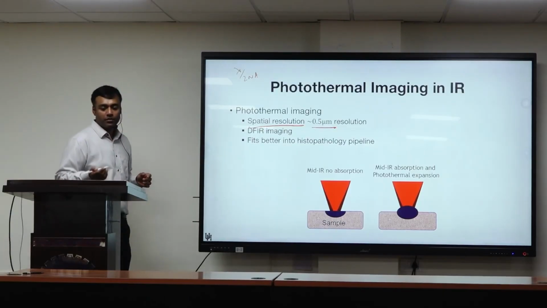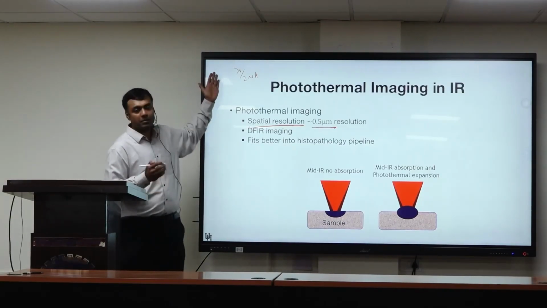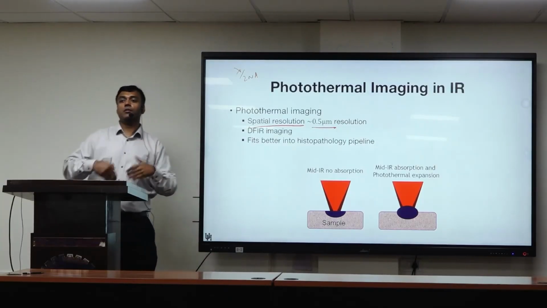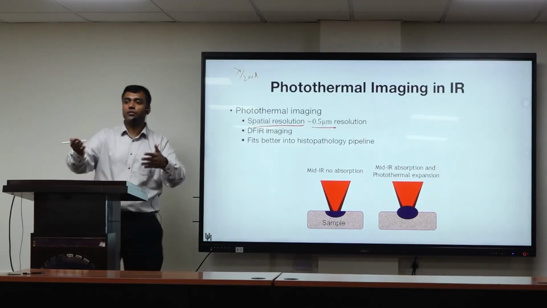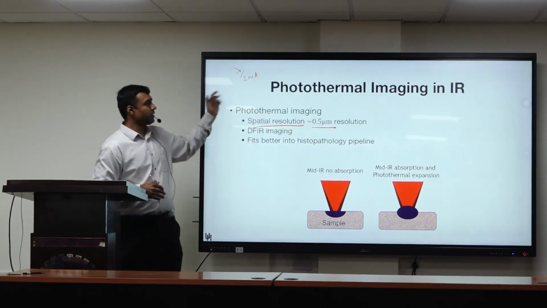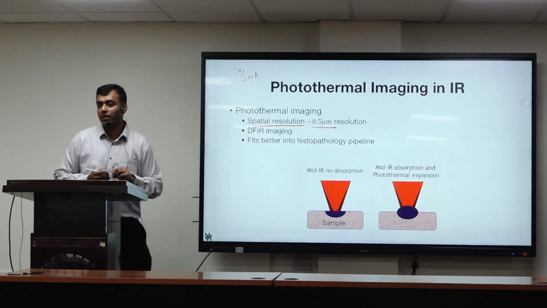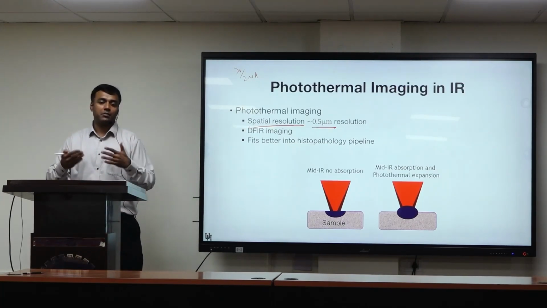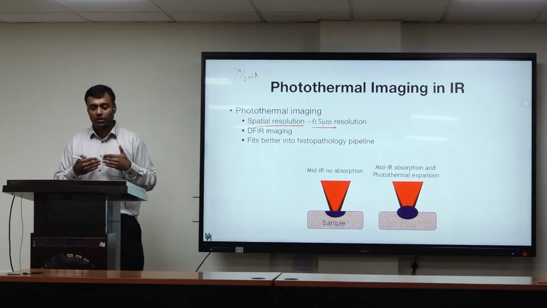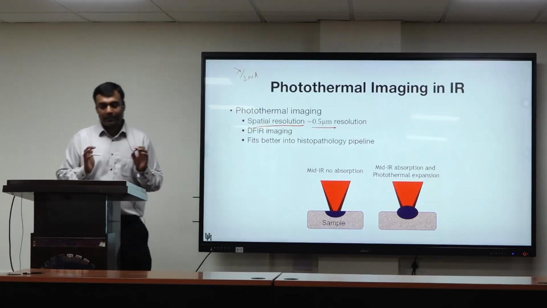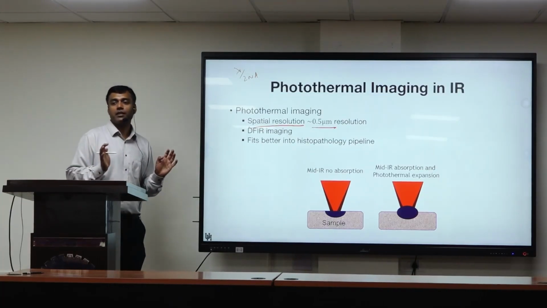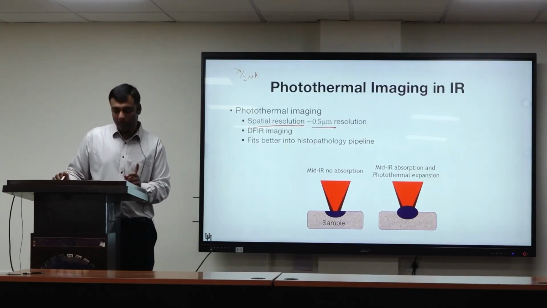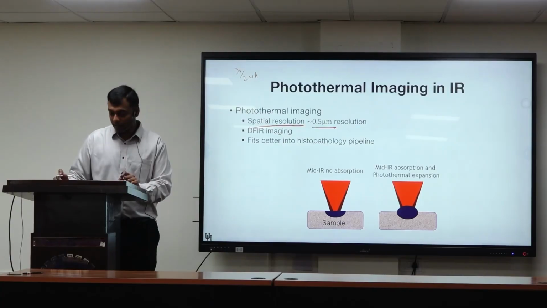When lambda is like 5 microns, 10 microns, in that range, it can give you 0.5 micron resolution, which is a factor of 10 better than a regular infrared microscope. It can give much higher quality data than previously possible with any kind of infrared imaging system. Okay, so that's the essential advantage.